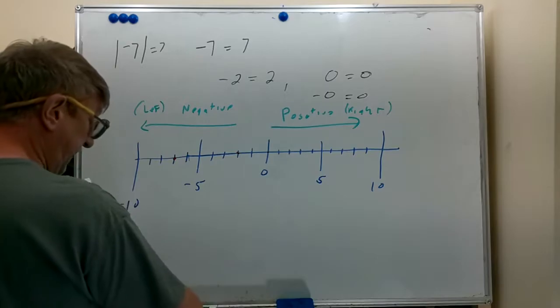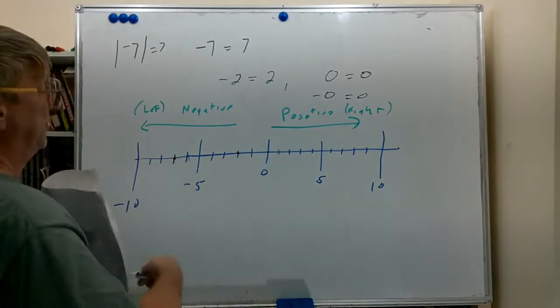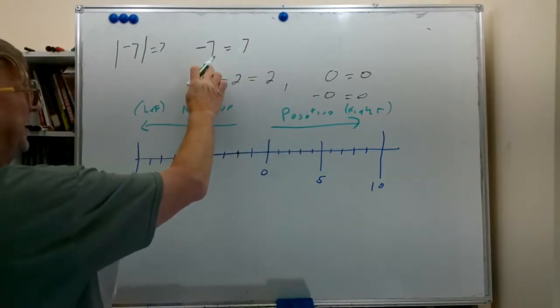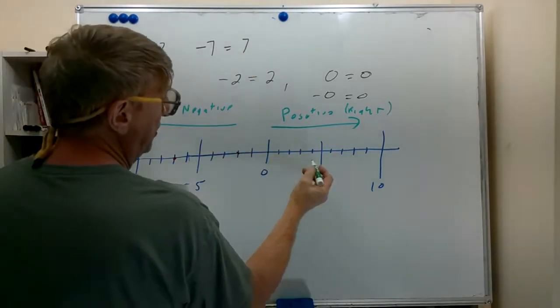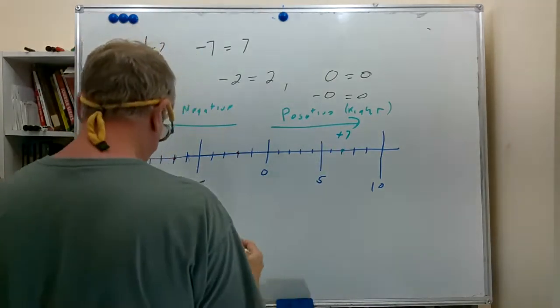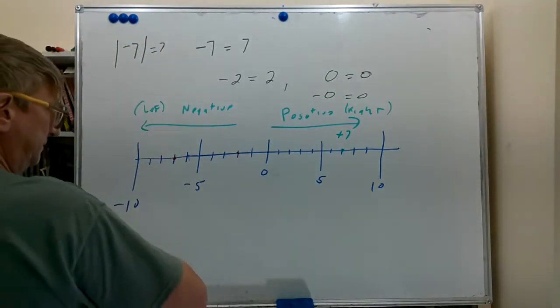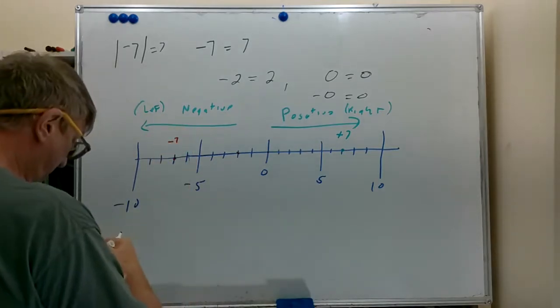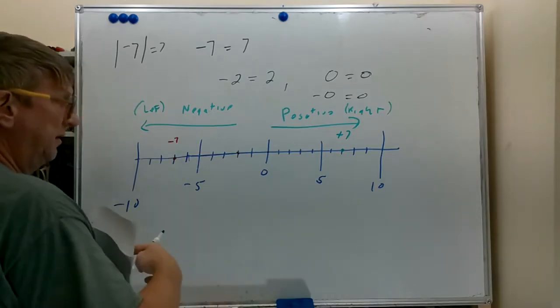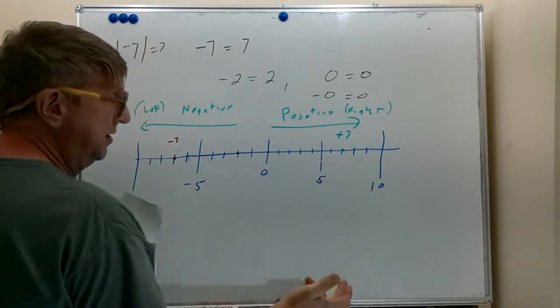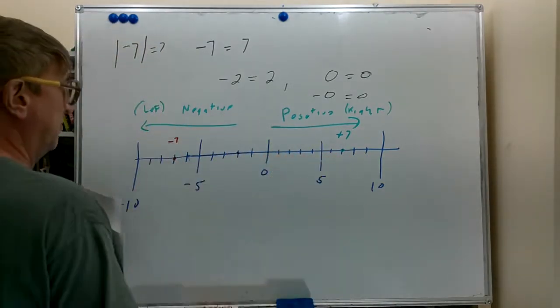Let's plot the absolute values of the numbers we're dealing with. We found that the absolute value of -7 was +7. So if we go out here to +7, we'll put +7 there. And I'm going to put -7 there. 1, 2, 3, 4, 5, 6, 7. +7 is 7 units from 0.